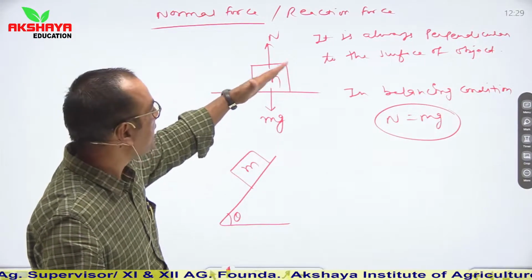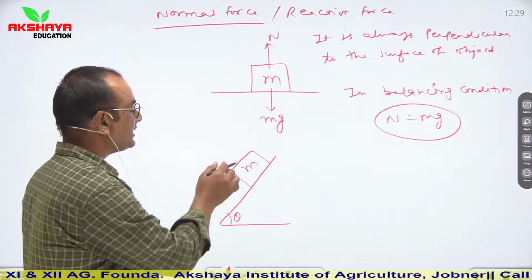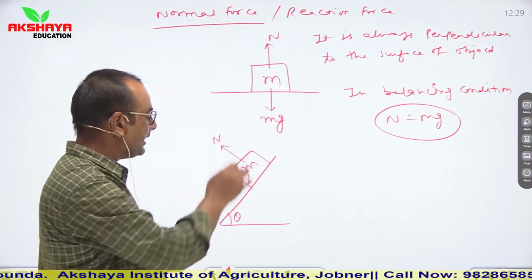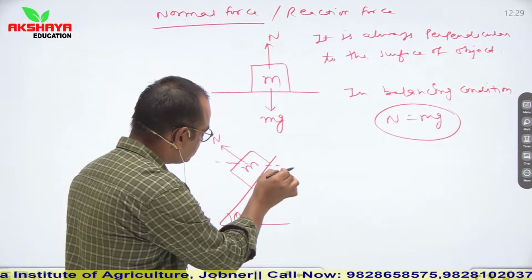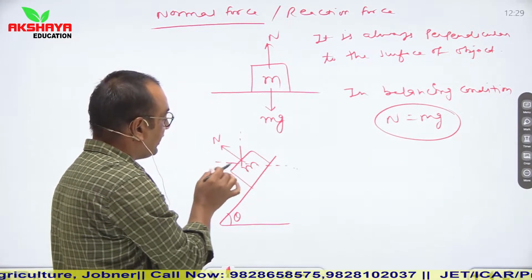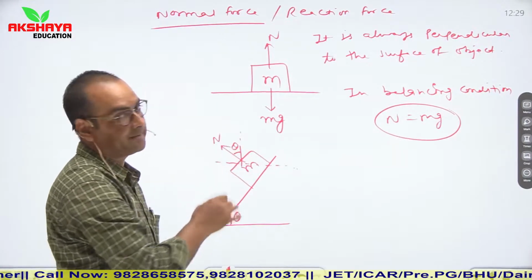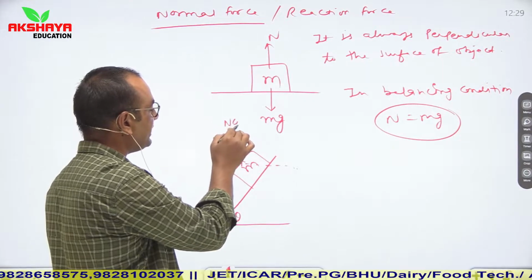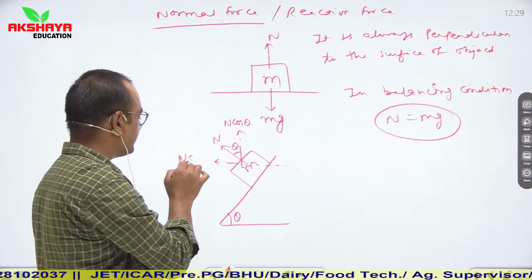Initially it was like this, now it is raised by an angle theta, so its normal will also be inclined by an angle theta. So its vertical component becomes N cos theta, and its horizontal component becomes N sin theta.